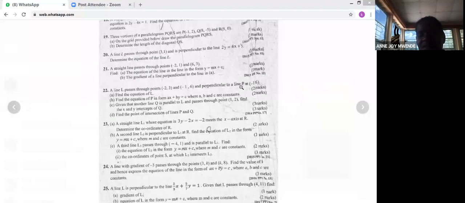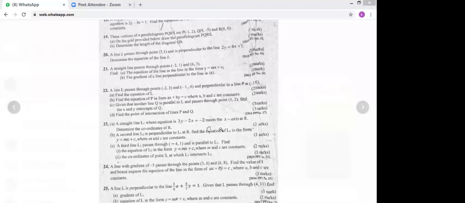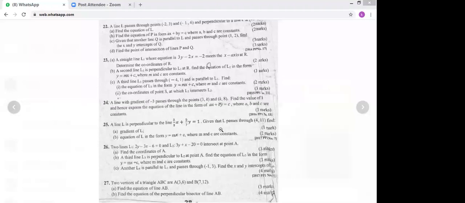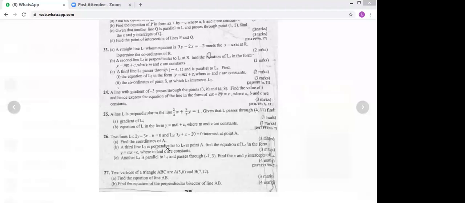Number 23. Zoom. I've already zoomed. Are you sure it is not visible? It's visible now. Yes.